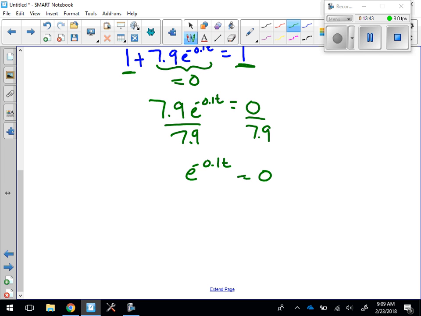And as Zoe exclaimed, e to the anything can never be equal to 0. I could make this e to the 0.1 t by moving it to the denominator, because that's a negative exponent. Now when you look at it, what does t have to be for that to even have a chance of working?